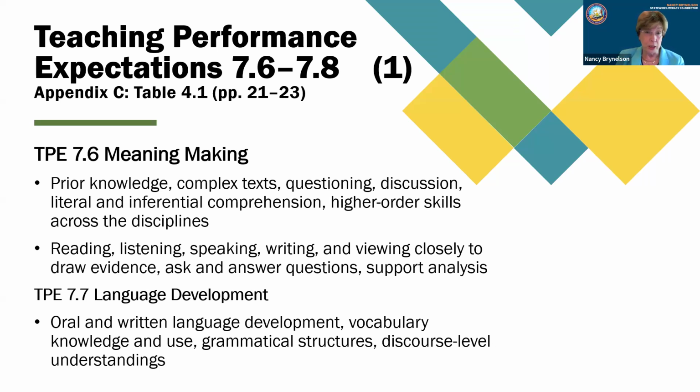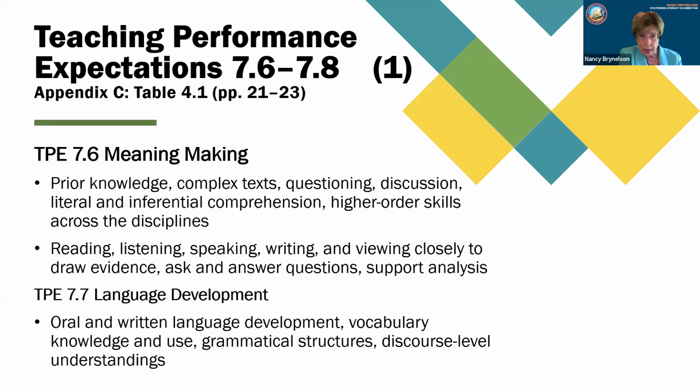Discussion of the text that students read, literal and inferential comprehension, which is really critical, and all of the higher order skills that are necessary as students navigate text across the disciplines. So it is not only literature, but also informational text in ELA and all of the other texts in subjects such as history, social science, science, mathematics, etc.